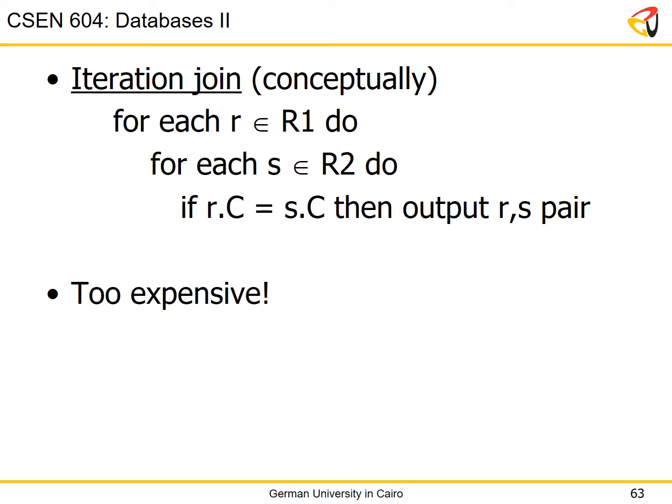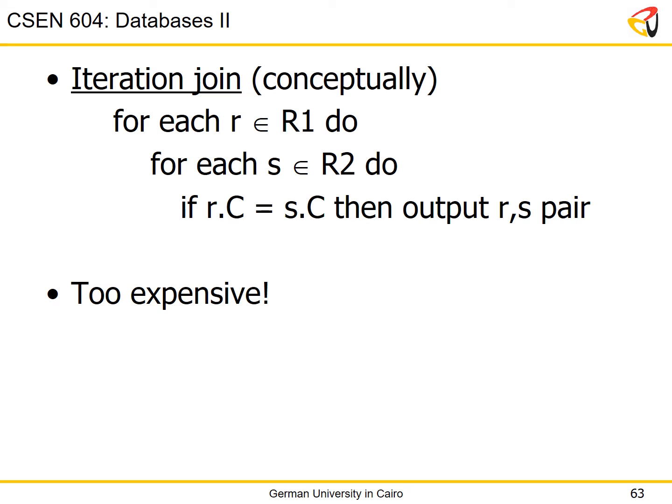For every iteration of the outside one, the inside one will iterate on all of R2, doing this check, R1.C with S.C. Since this statement is inside the for loop, this will be executed as many times as there are rows in R2 with a single value from R1, and then that will be repeated over and over again.